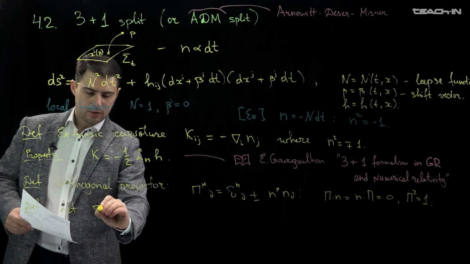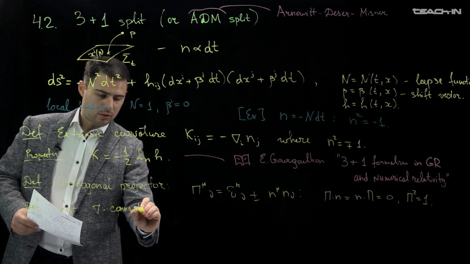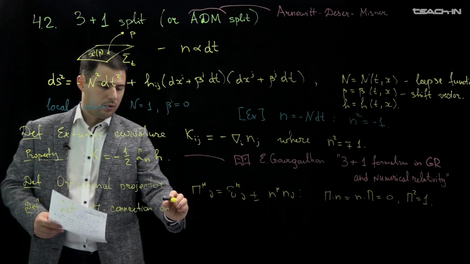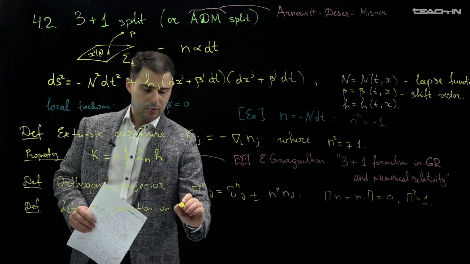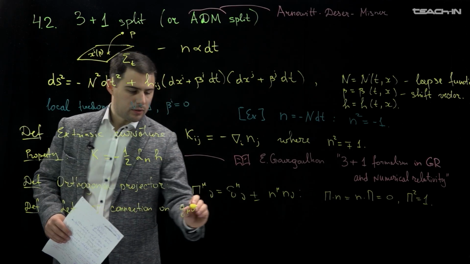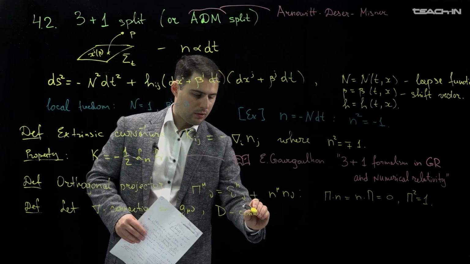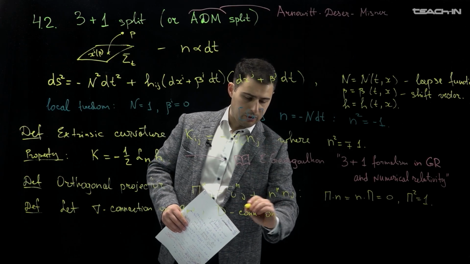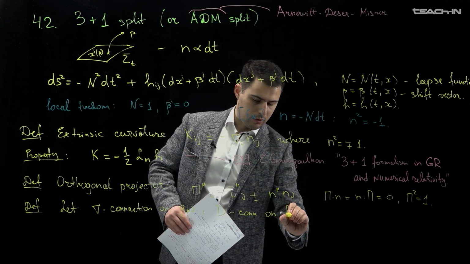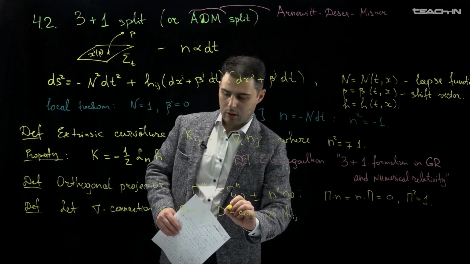Let nabla be the connection on the spacetime and D, capital D, be the connection on h_ij.